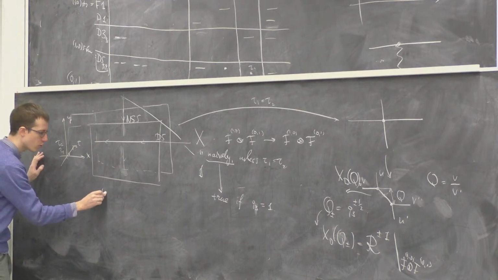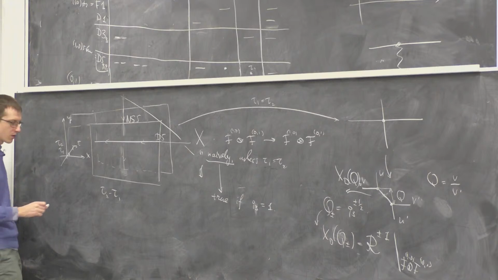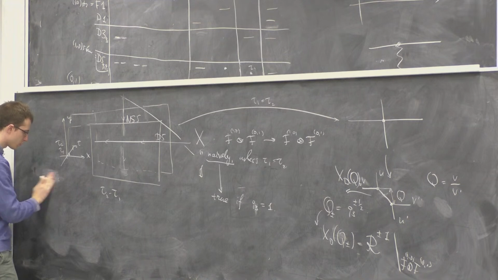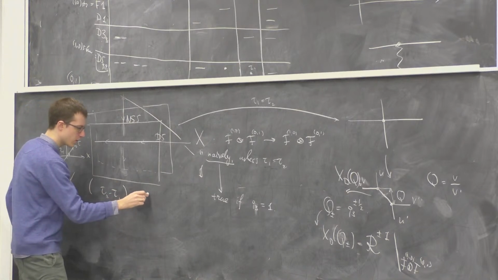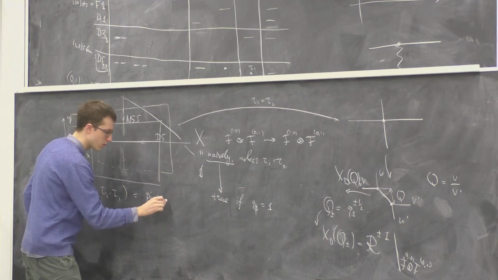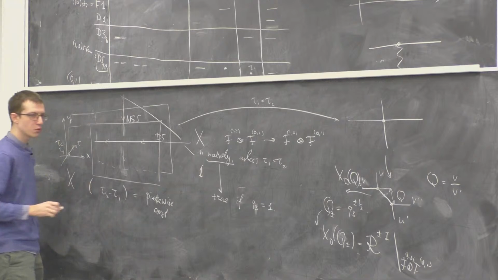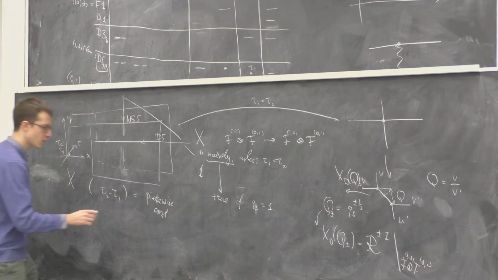It depends on tau 2 minus tau 1 in a piecewise constant manner. So the crossing operator X depends on tau 1 in a piecewise constant way. So tau 1 and tau 2 don't enter manifestly. They enter only through the sign, which is important.